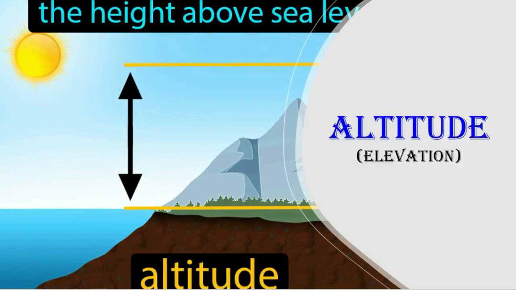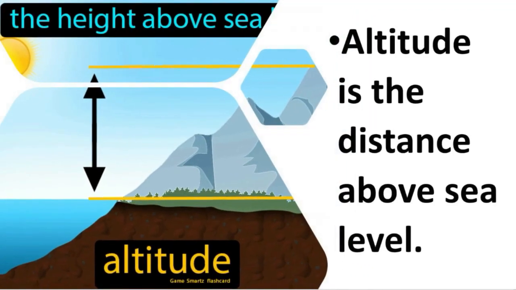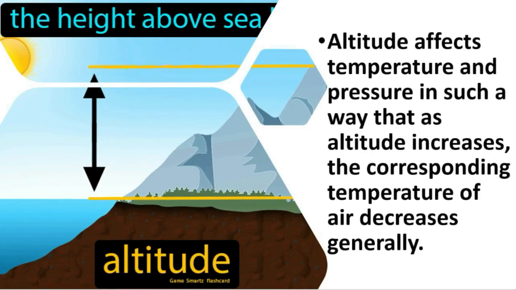Another factor is altitude or elevation. Altitude is the distance above sea level. Altitude affects temperature and pressure in such a way that as altitude increases, the corresponding temperature of an air decreases generally.